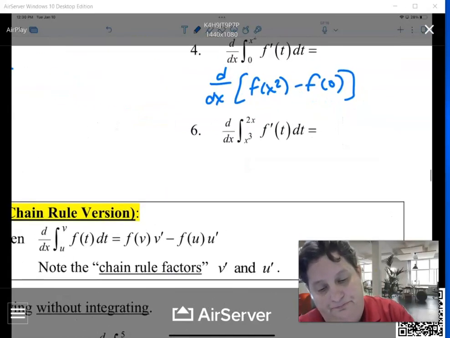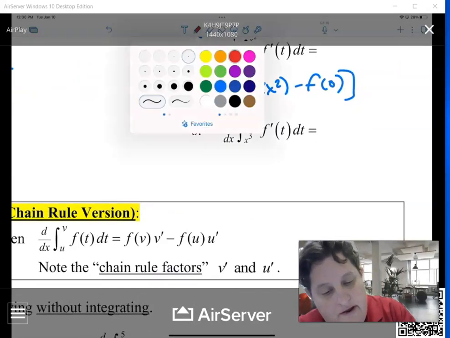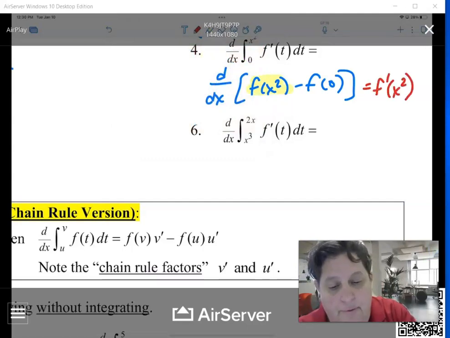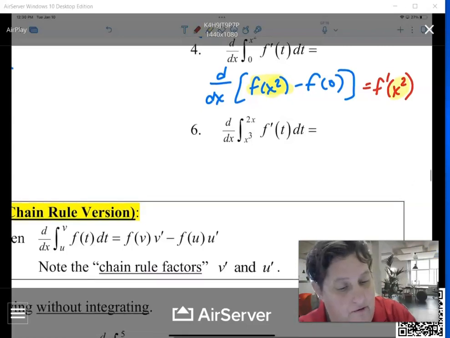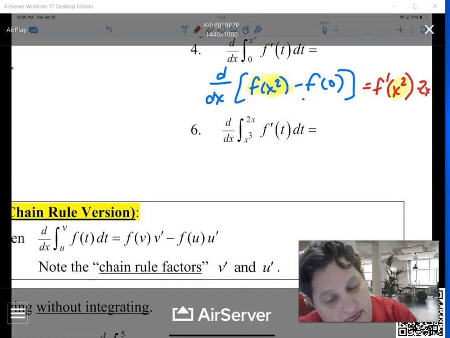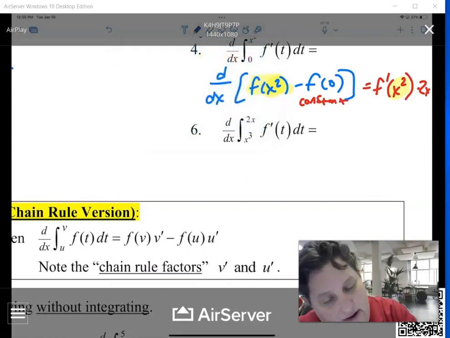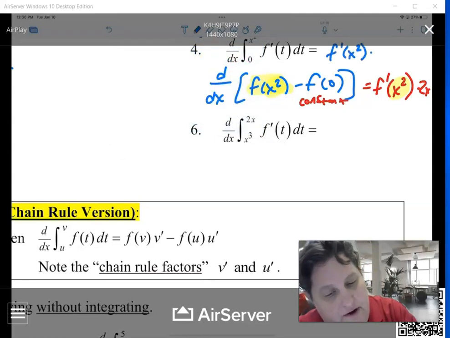Now, you guys, the derivative of any function is f prime, but because of the x squared on the inside, I actually have to do chain rule, right? This is a constant, and so the derivative will go away. So this actually is going to equal f prime of x squared times 2x, and the constant goes away.